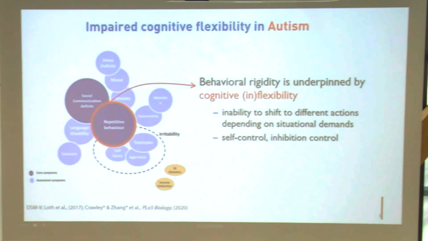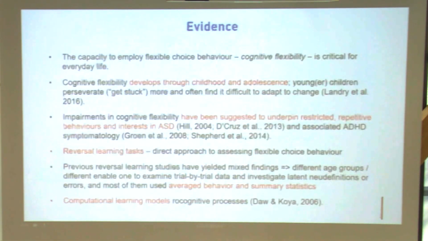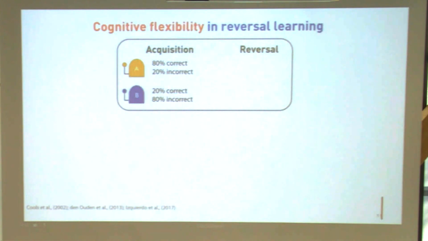So when the situation has changed, maybe because of the rejected behavior, they might not adapt their behavior as quickly as possible, as opposed to normal individuals, healthy populations, for instance. This is also related to self-control, inhibition control, as a psychological construct. So there is some evidence and literature. I'm just showing you here because I want to skip it. Too many words.